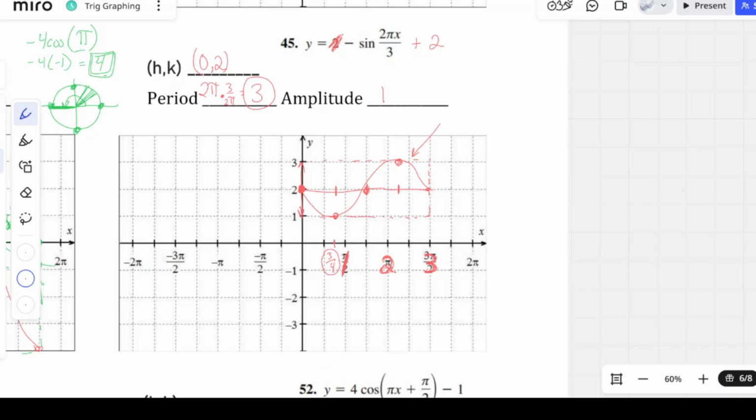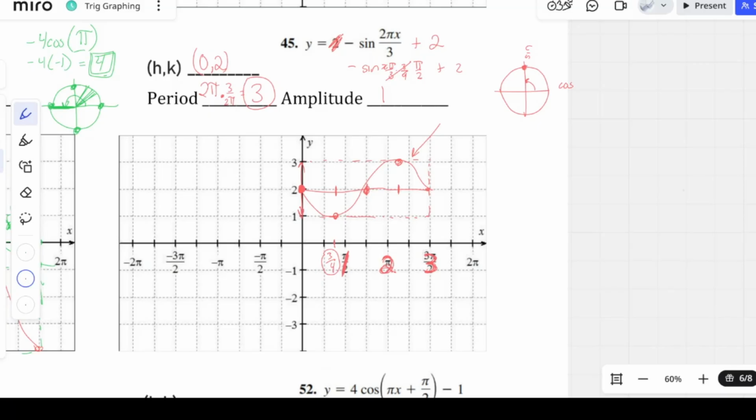So I'll plug in 3/4 into this equation. 3 times 3/4. Cancel, I get pi over 2, which is there on the unit circle. Since sine is y, cosine is x, sine is 1.